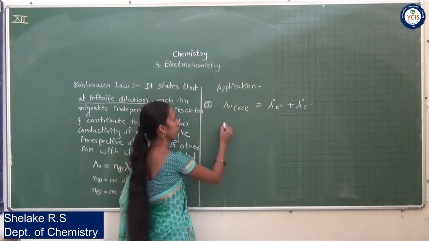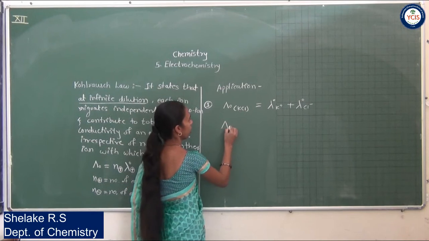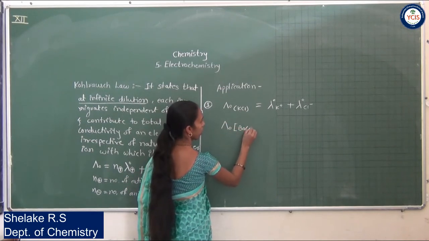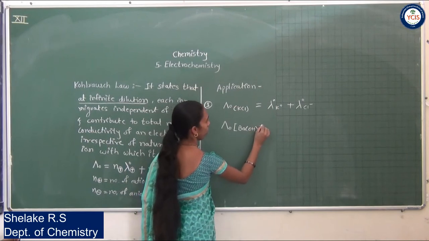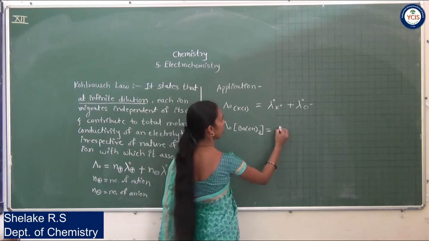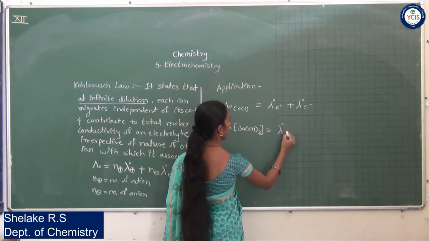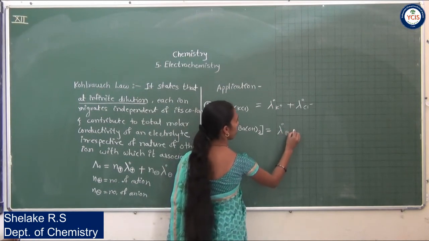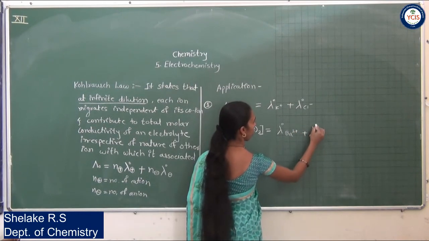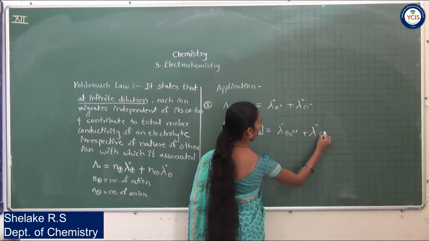We will take another example. Suppose you take Ba(OH)2. How can we write Kohlrausch's law for that? Lambda 0 of Ba 2 plus plus 2 times lambda 0 of OH minus.